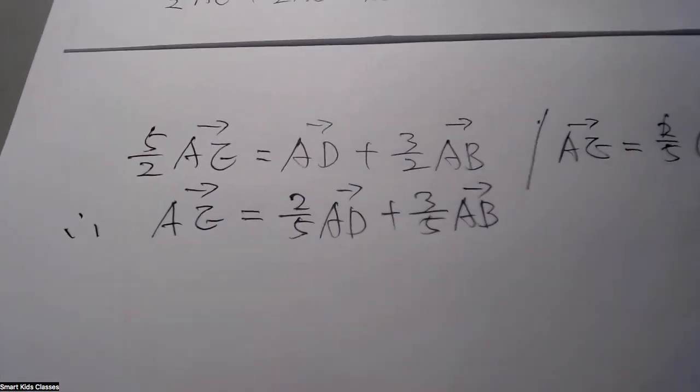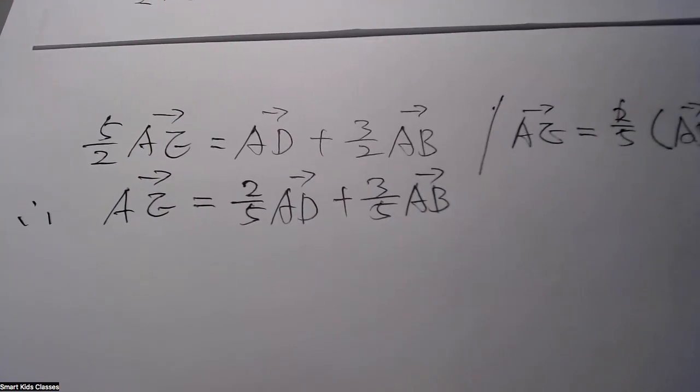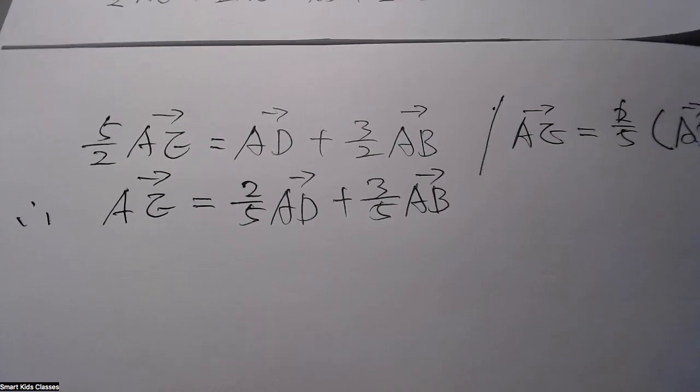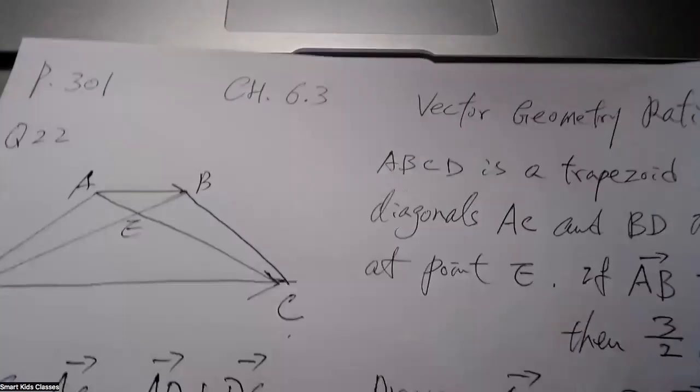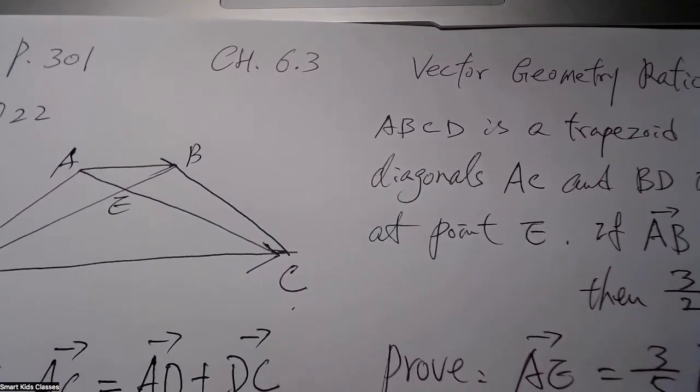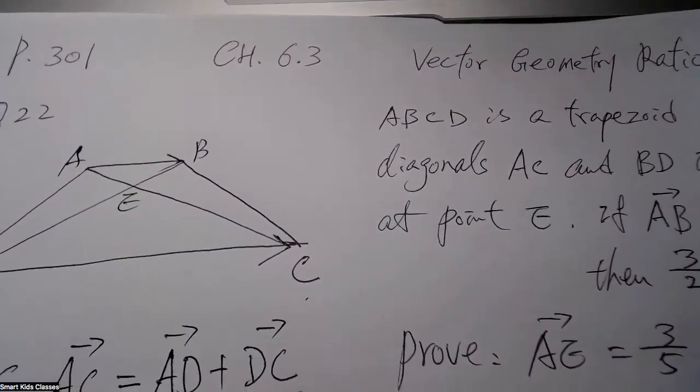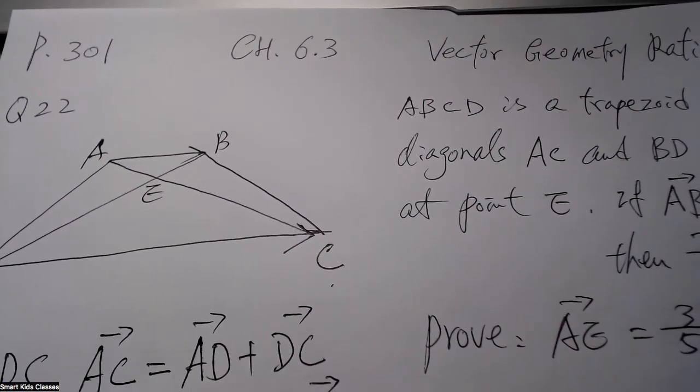Vector AE is equal to 2/5 of vector AD plus 3/5 of vector AB. This question is in the textbook, page 301, unit 6.3, question 22. Please continue to practice to improve or advance your study.